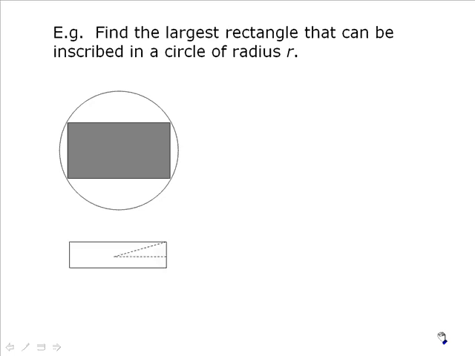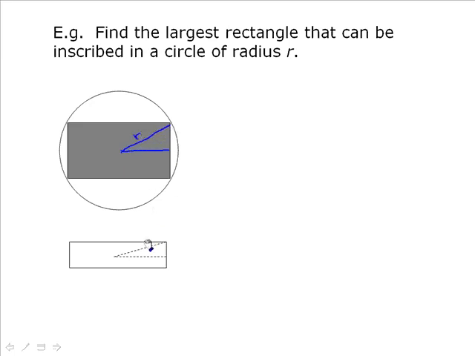Now, if you take a closer look inside this, what we are trying to do is get the maximum size for the rectangle. What I've got down below is based on the original.